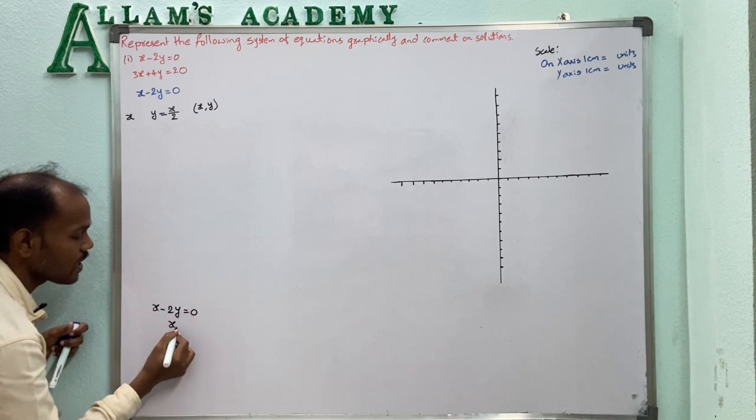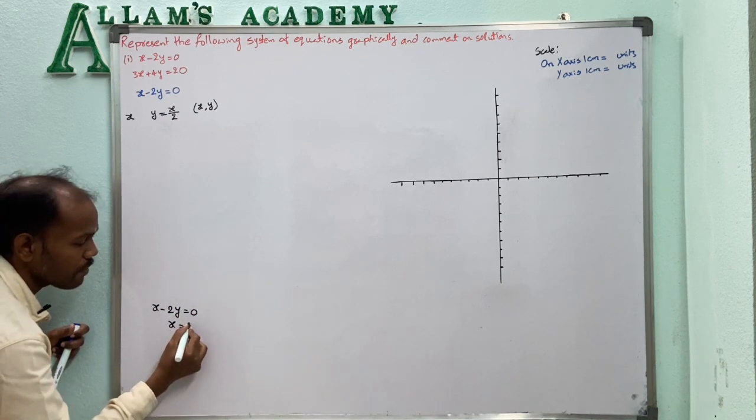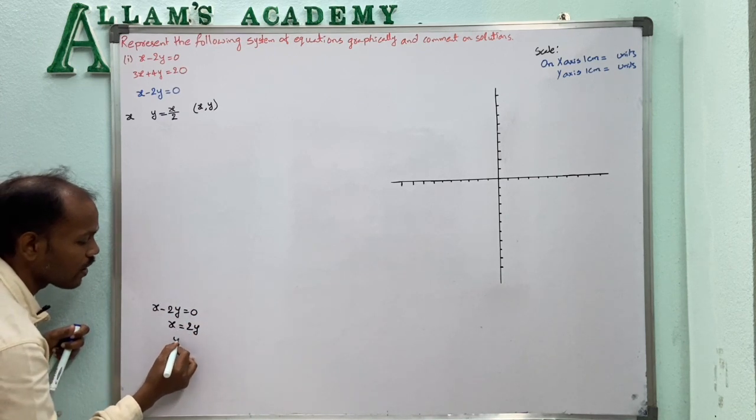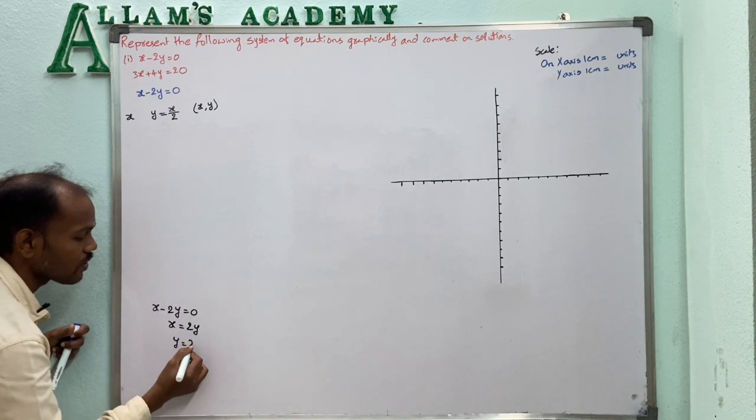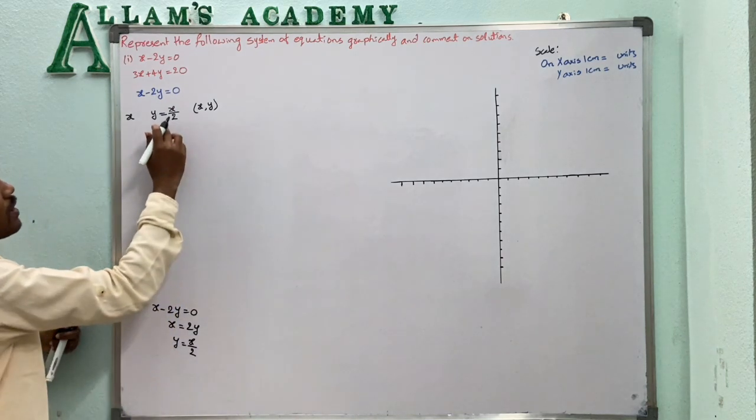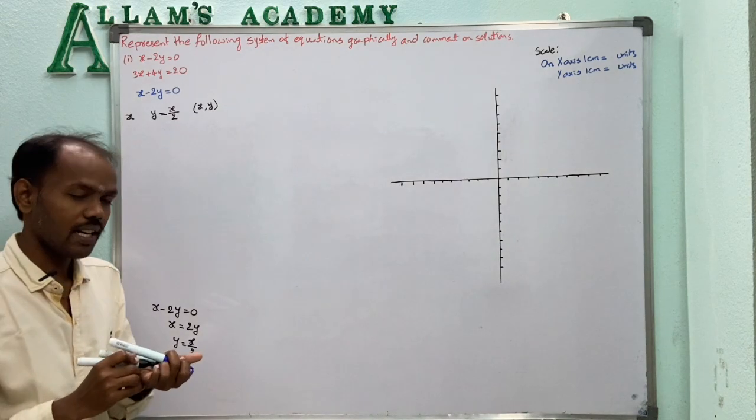From this, x equal to 2y, transferring minus 2y to this side as plus 2y. Now y equal to x by 2, since the multiplication transfers to the other side as division. The point we take is nothing but (x, y).